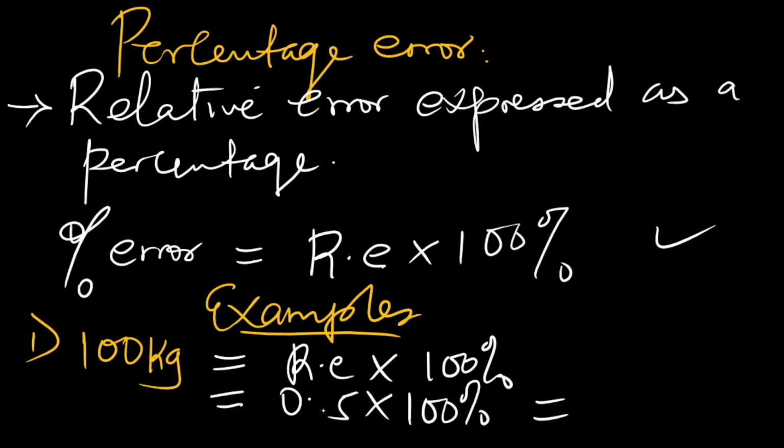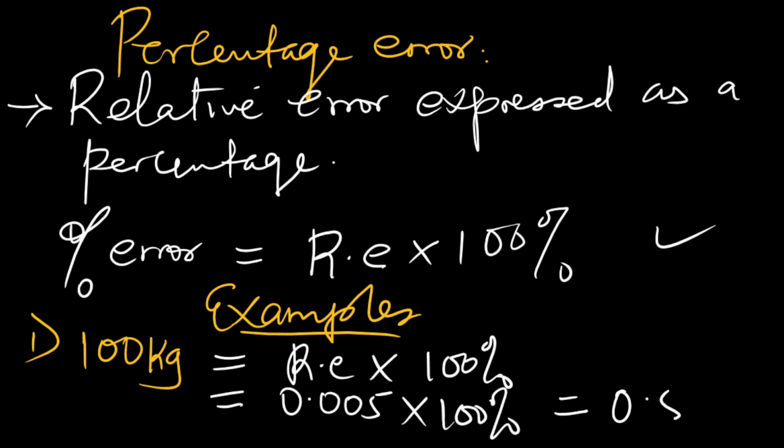So we had calculated 0.005 times 100%, and this will give 0.5%. So you first have to calculate the relative error in 100 kg. Once you get that, you multiply by 100%.